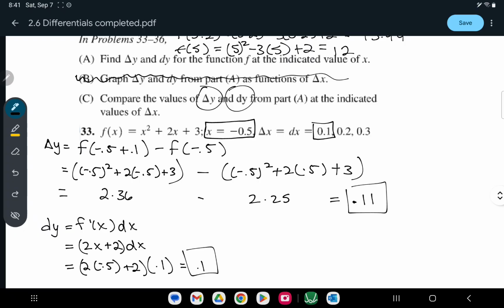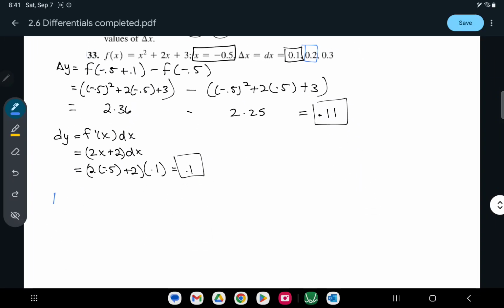And I can do it all again for the next one. So I'll do it in a different color. So we'll do it for 0.02. So my actual change is the function value plus the change minus the function value. So you can substitute it in. And I get 2.49 minus 2.25 for an actual change of 0.24.